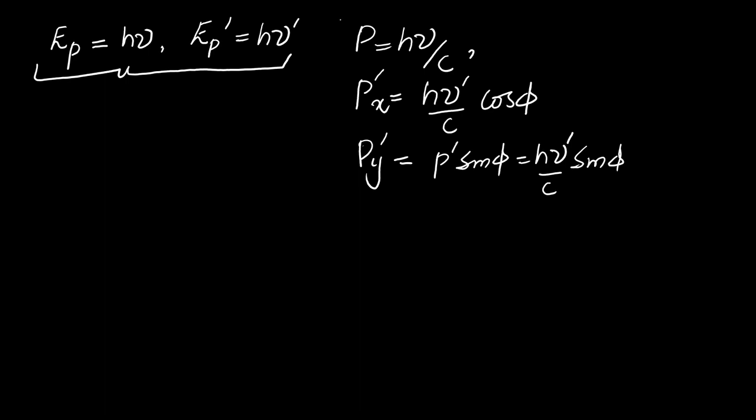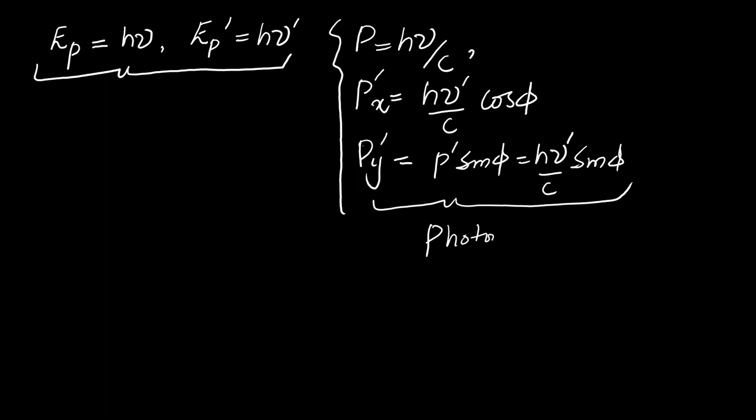So this is the representation of the initial and final momentum of photons along the axes, and the energy of photons.